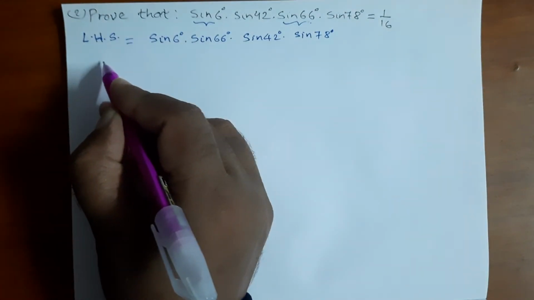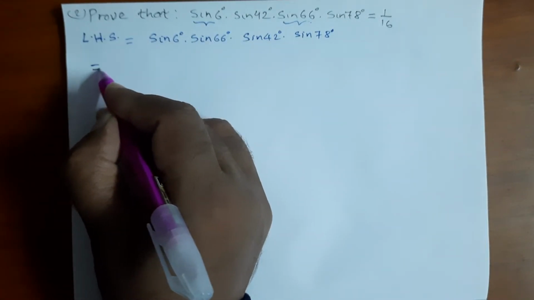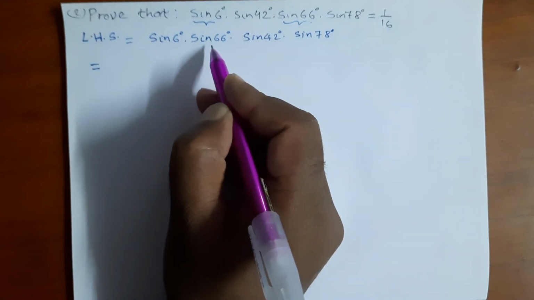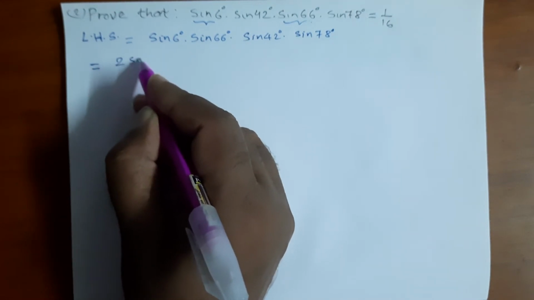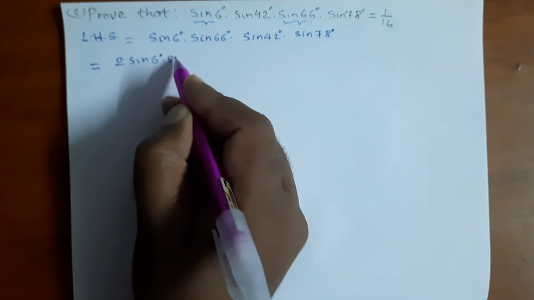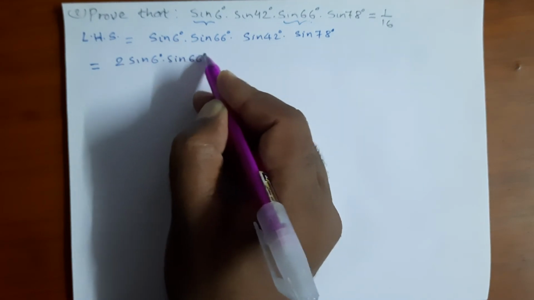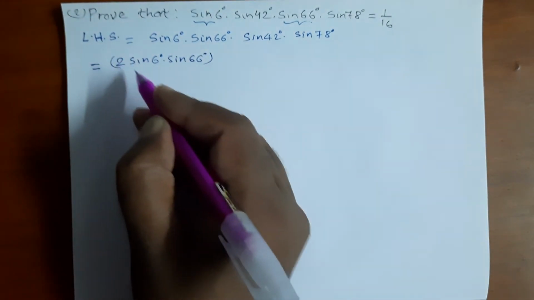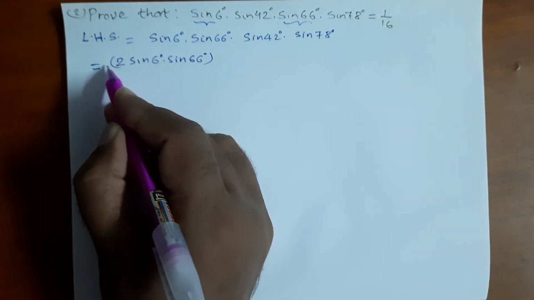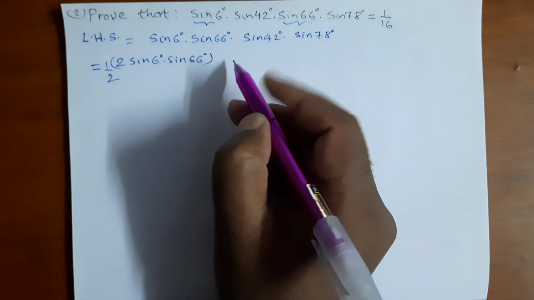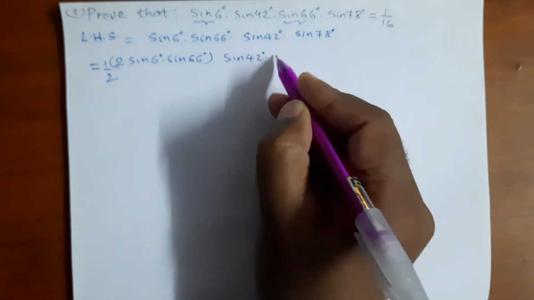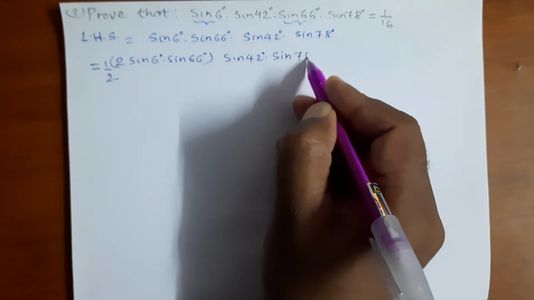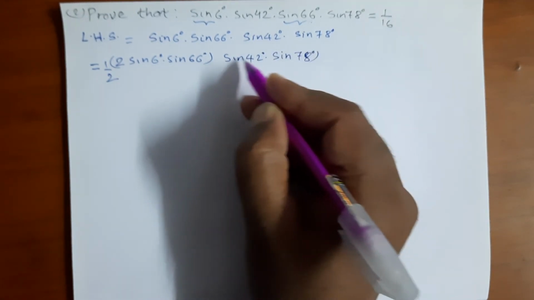Just like before, to use the 2 sin A sin B formula, I will multiply and divide by 2. So 2 sin 6 sin 66 degree, and here 1/2 sin 42 degree sin 78 degree.